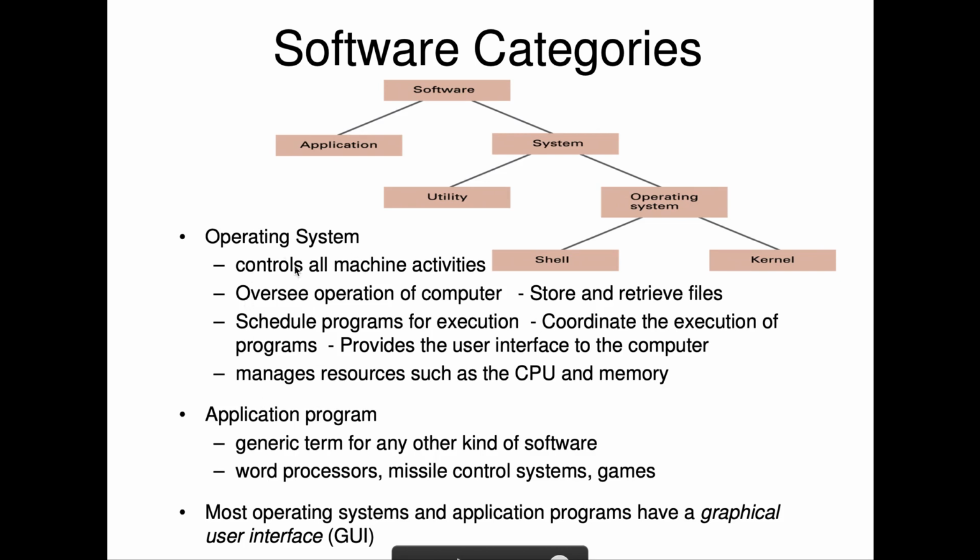Now, as you can see here, this paragraph says that the operating system is handling almost all the activities of the machine, not just handling, controlling. It will oversee the operation of all the components. So for example, it will store and retrieve files, access the network, almost everything.